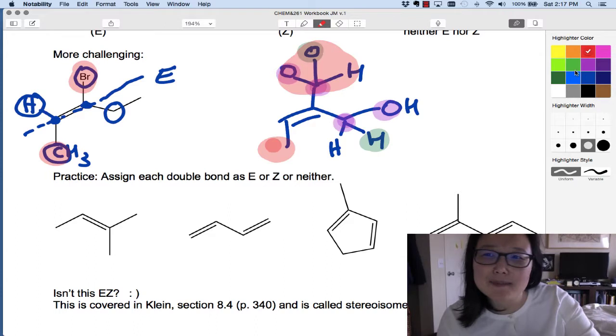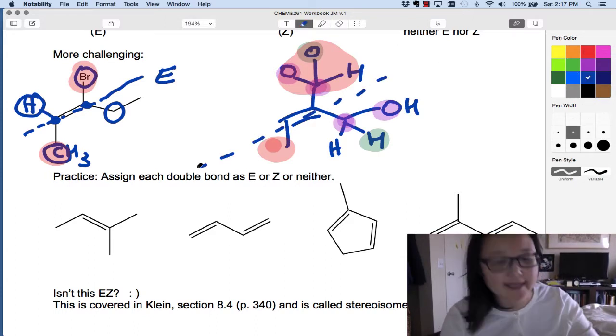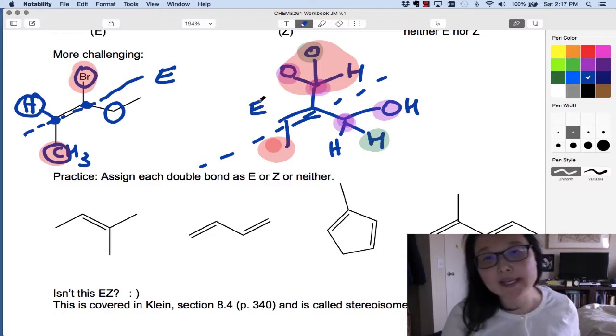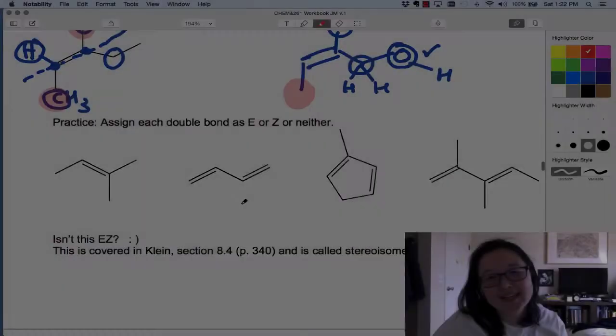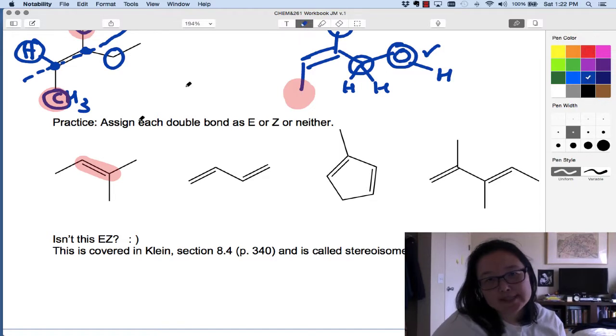So this is going to be E or Z. So here's our line, and the two top priority groups on each carbon are on opposite sides. So this is also an E isomer. All right, exercise: just assign each of these double bonds as E, Z, or neither. So I'm going to highlight this, and let's do one as an example.